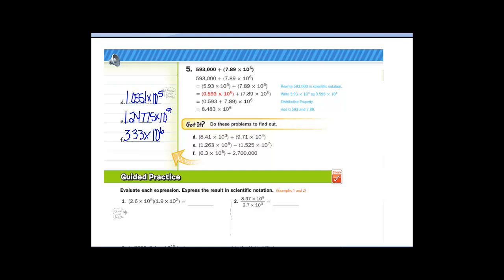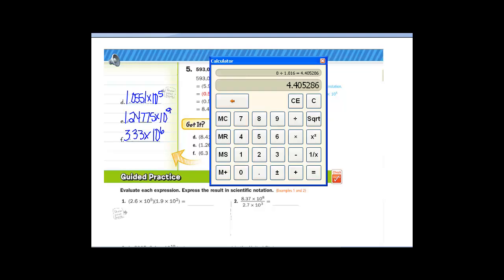Last two. Number 1, if I'm going to multiply 2.6 times 1.9, I get 4.94, already in scientific notation, times 10 to the 7th.